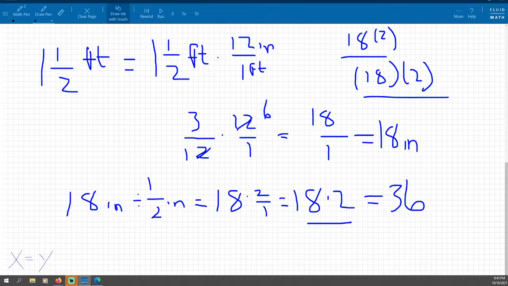So what did we learn today? We learned that fractions are not unique, that there are many ways to express the same ratio. And we can find equivalent fractions by multiplying or dividing the numerator and the denominator by the same real number. It's good practice to always reduce.